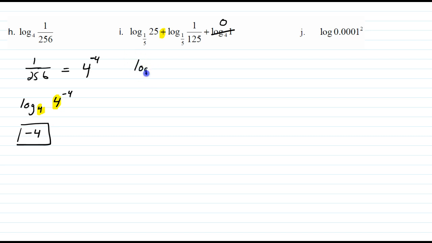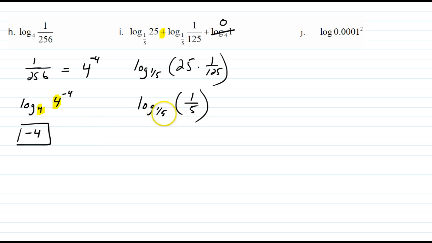And so this is going to be log base 1/5 of 25 times 1 over 125. So log of 1 base 1/5. This equals 1/5. And so the bases are the same. And so when there's no exponent, it's just 1. So this becomes 1.